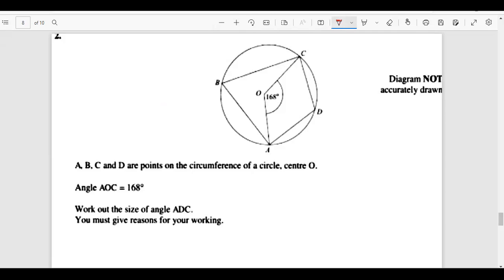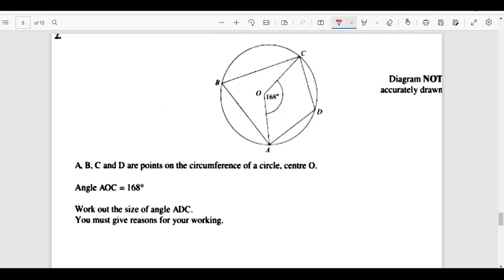If O is 192, can you use the center property, that the angle at the center is twice the angle at the circumference? Yes, but you would not use 192, you would use 168 for that.